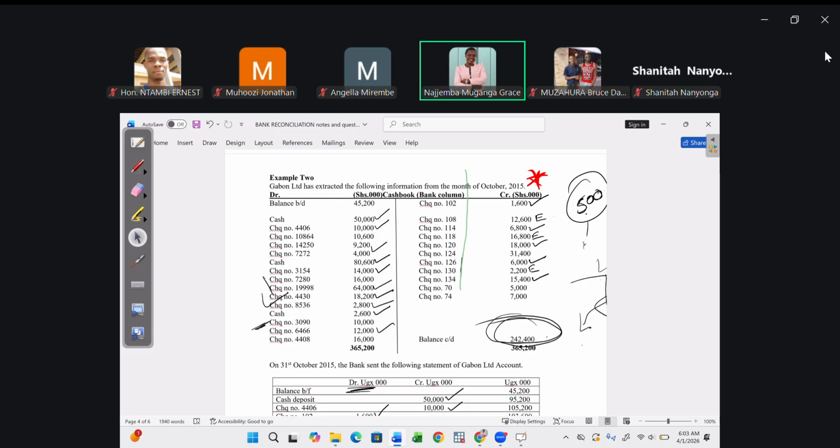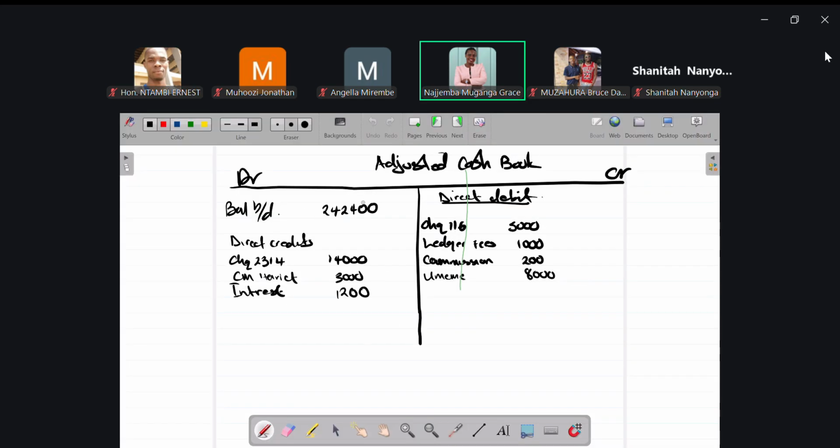So if you see a carried down on this other side, it means please carry it this side on the credit, and that means that balance will appear on the credit side. So we are making the adjustment on this balance, and this direct credit will be added here, then less off and get a revised balance for the cash book. Is that clear?